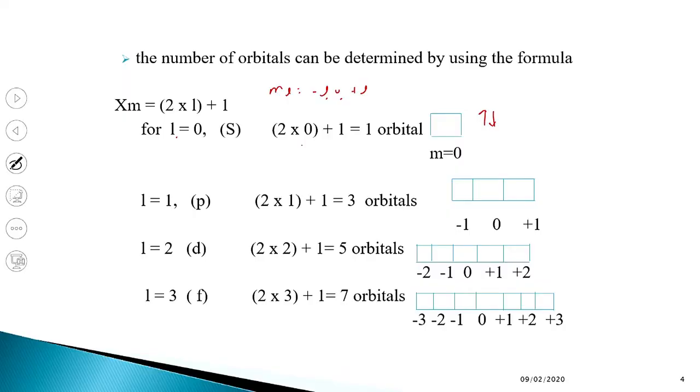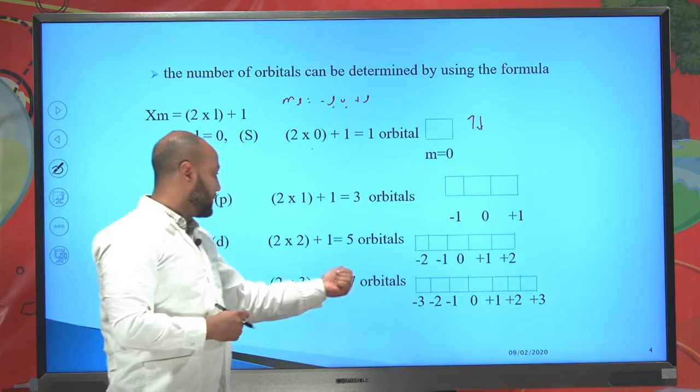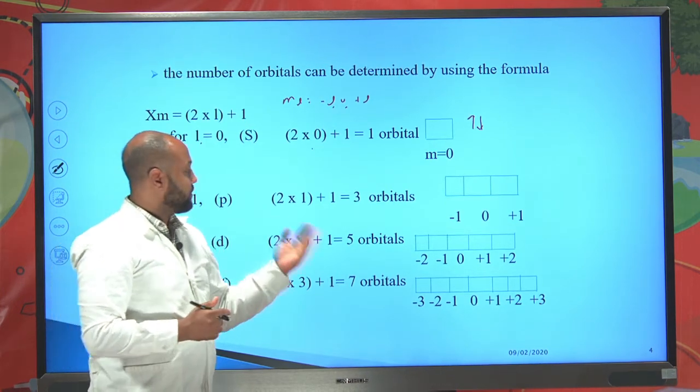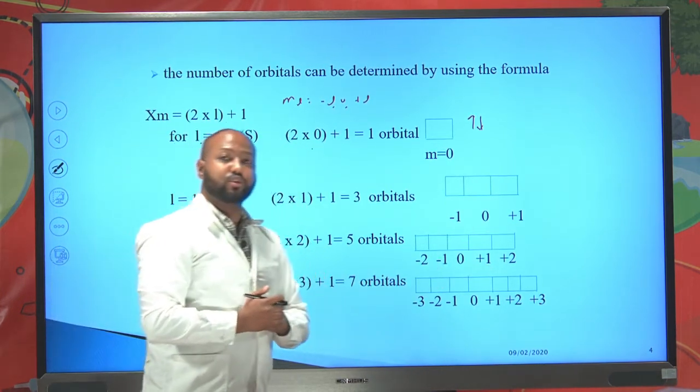It means the D subshell, 2 times 2 plus 1, 5 orbitals. Each of them can have a maximum of 2 electrons, so the D subshell can have a maximum of 10 electrons. For the F subshell, the L value is 3, 2 times 3 plus 1, which is 7 orbitals. Each can have a maximum of 2, totaling 14 electrons.